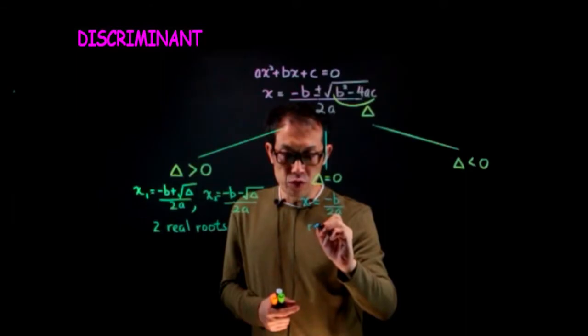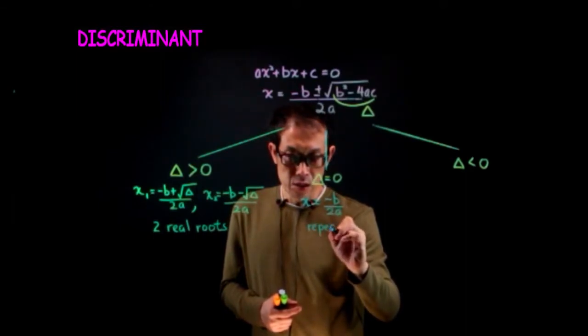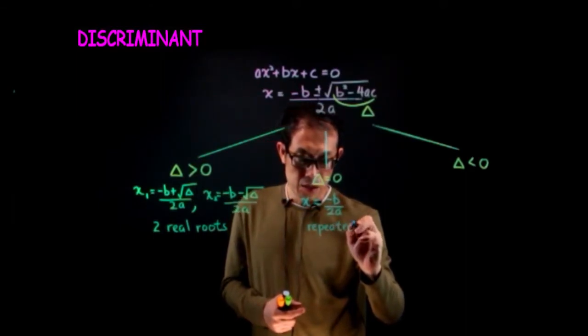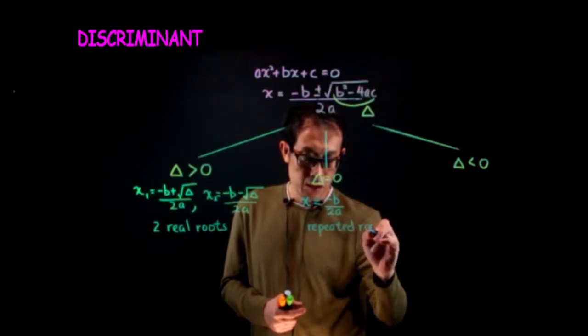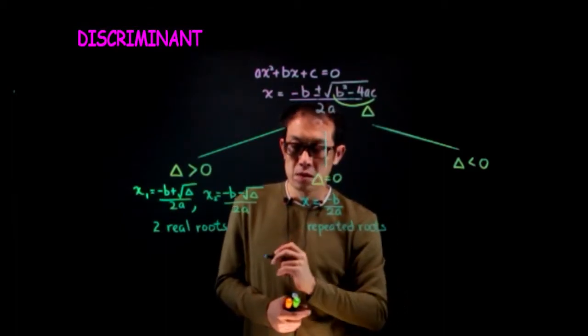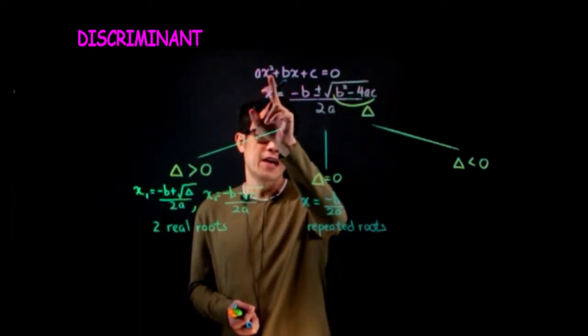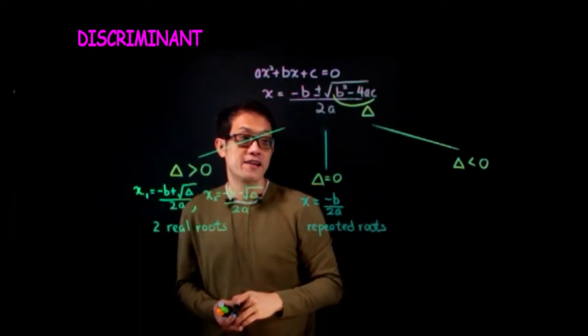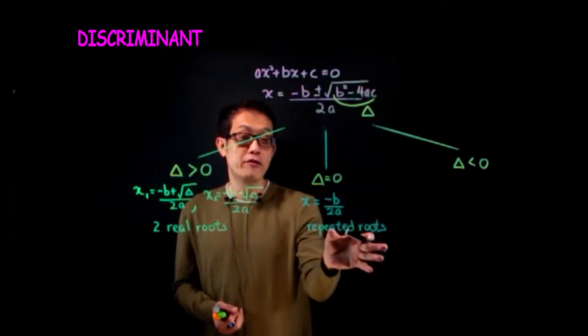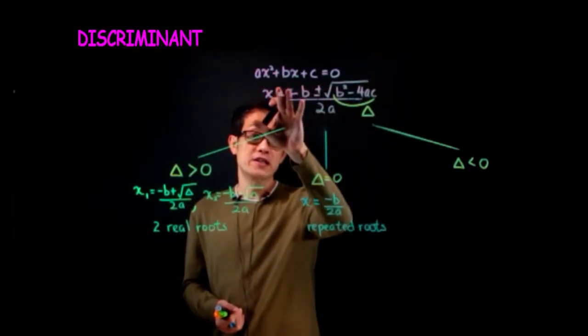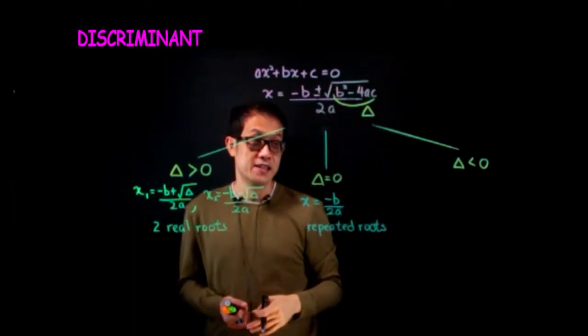And we call that repeated roots. Why is it repeated? Because of x squared. So you say one real root, you may think that the equation is linear.